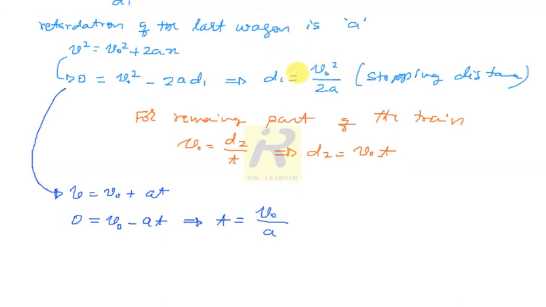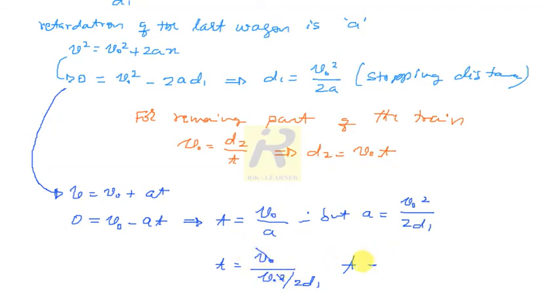And for a, from here I can write a equals v0 square divided by 2d1. So now use it here: t equals v0 divided by v0 square over 2d1. One of the v0 terms gets cancelled, so t equals 2d1 divided by v0. So this is the time.